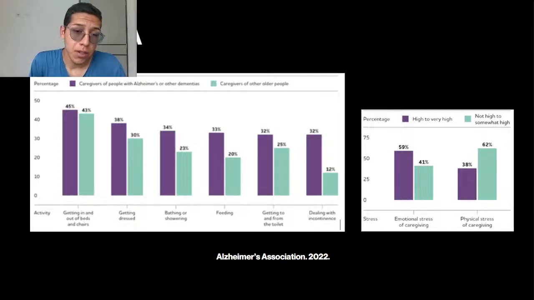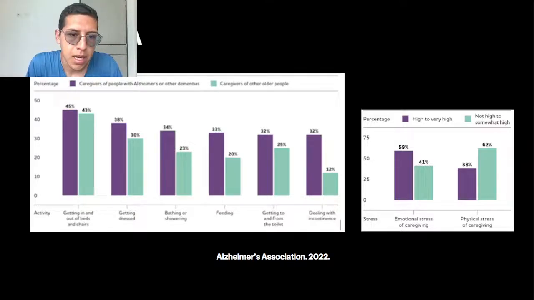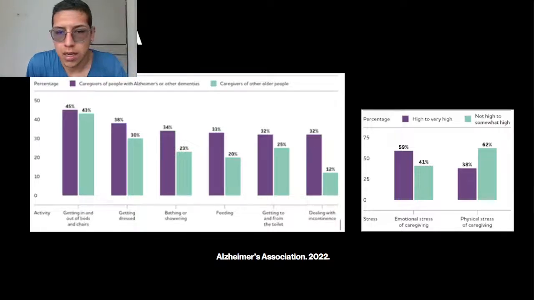Here is also important because these graphs show that according to the greater level of involvement in the care of someone with Alzheimer's, there are fewer volunteers or caregivers available for the attendance.